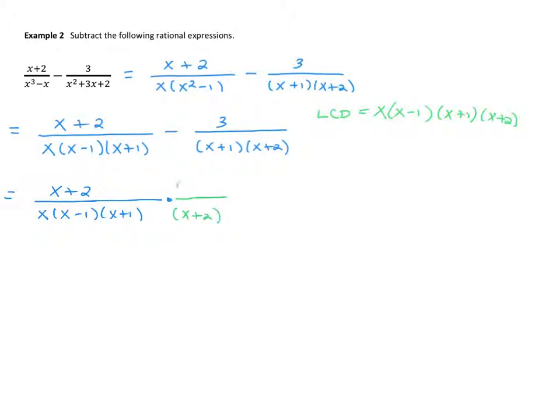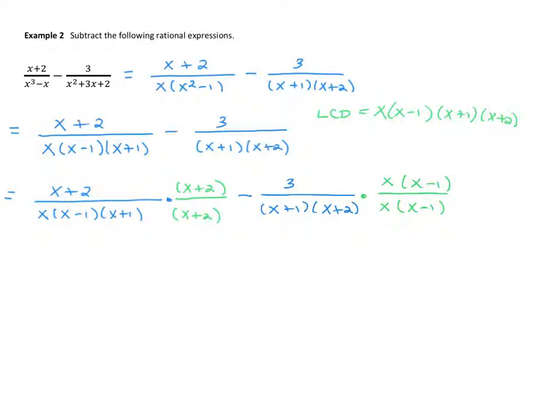So I want to have that in the numerator as well. For the second fraction, I want minus 3 over x plus 1 times x plus 2, and what is missing is I need an x and also an x minus 1.